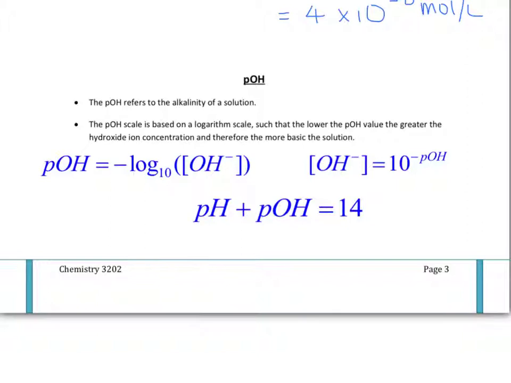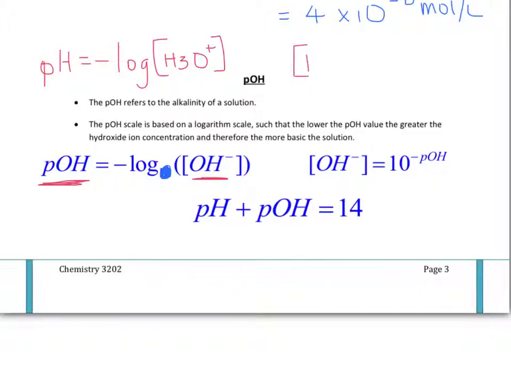For instance, and you don't need to worry right now in chemistry about this log base 10 thing, when we were calculating pH, it was equal to negative log of hydronium. And by now you should associate hydronium with something being acidic, and you should associate hydroxide with something being basic. So if pH was equal to negative log of the hydronium ion concentration, then pOH is going to be equal to negative log of hydroxide.